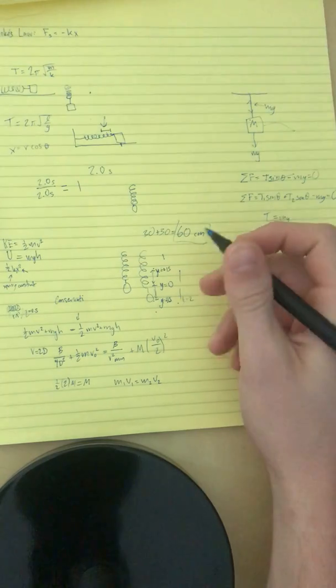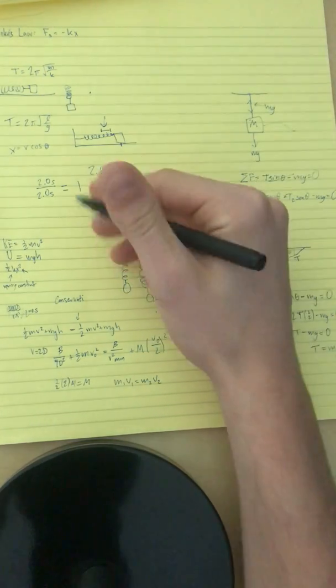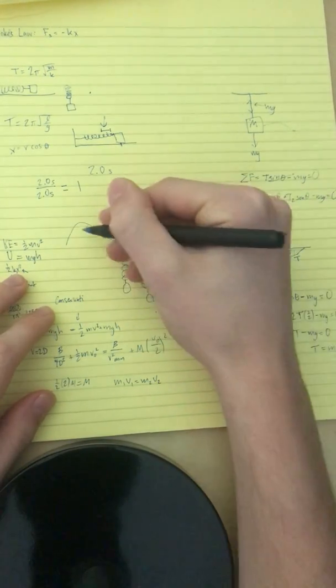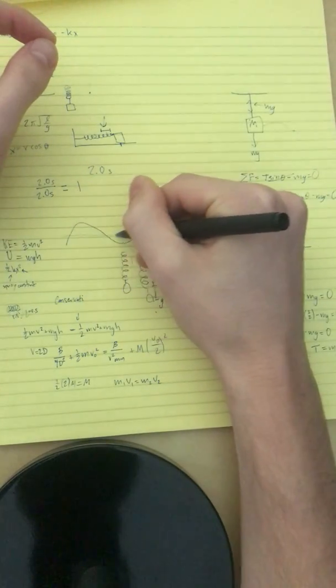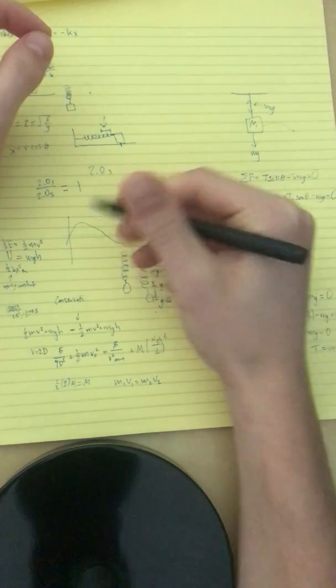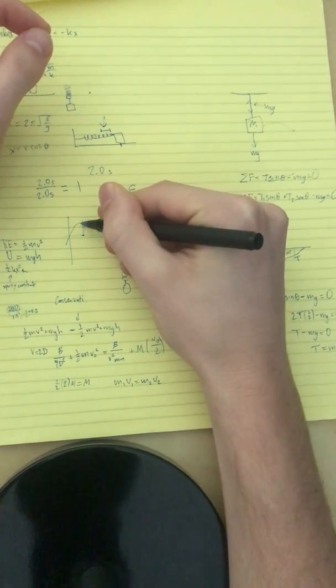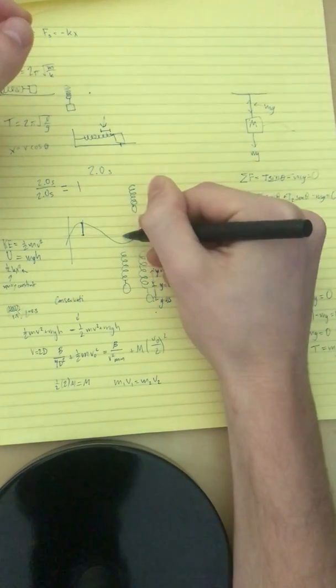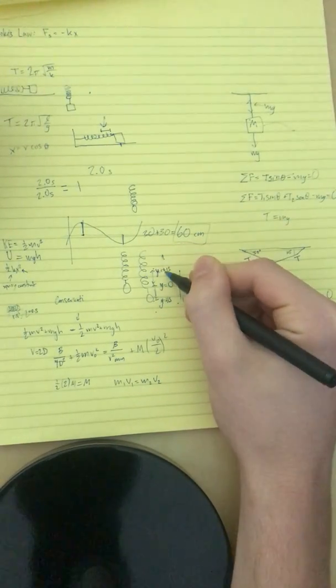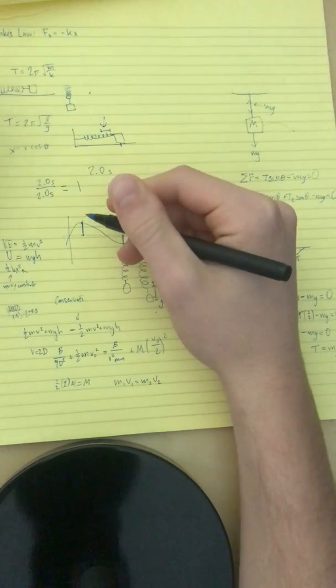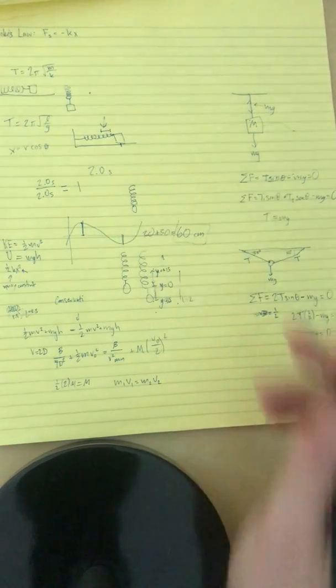Here I'll draw a little sine curve. Amplitude is just this here, so of course in this case it's 15, but that's pretty much what amplitude is.